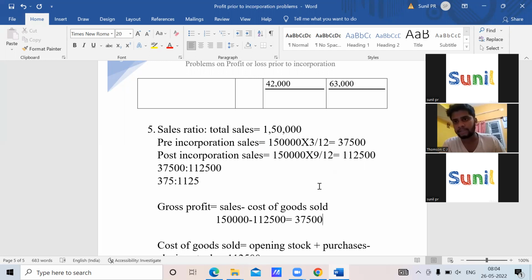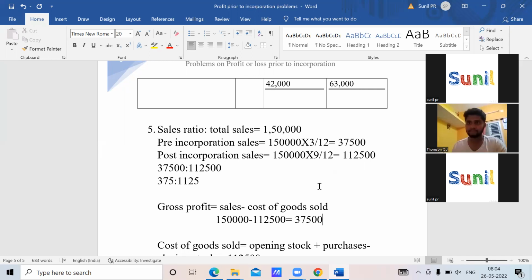Because they were matching, I was thinking if there is any connection. No, there is no connection. There is nothing to do with pre-incorporation and post-incorporation. Only the thing is you will find out the gross profit. That's all. Okay, done.